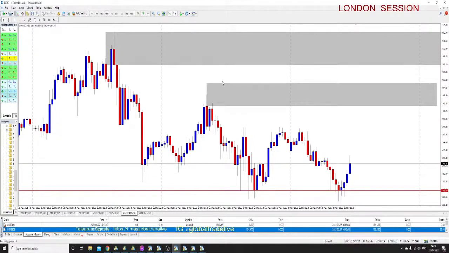Pip value is something like, supposing you take this candle over here, this is gold. One candle is about 18-19 pips. So this is the pip value. If this were Euro USD instead of gold, then this candle would be just 7-8 pips. That's the difference in pip value.